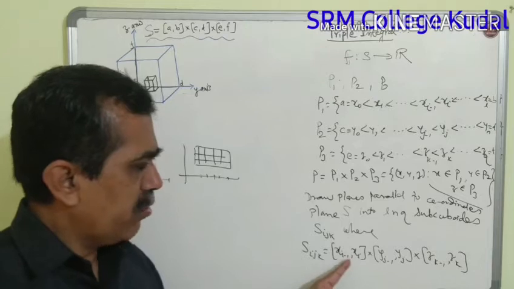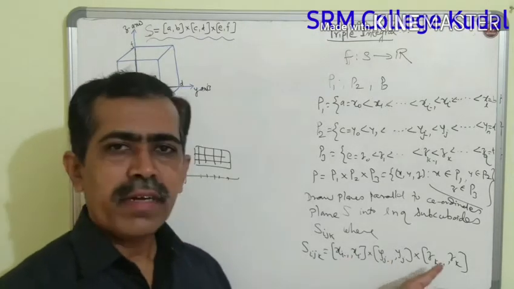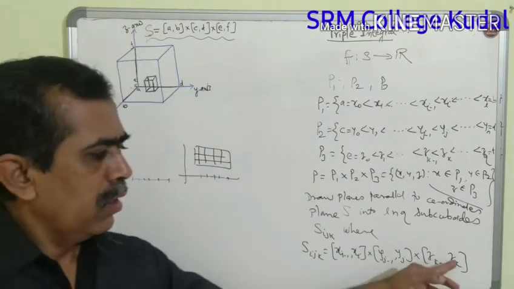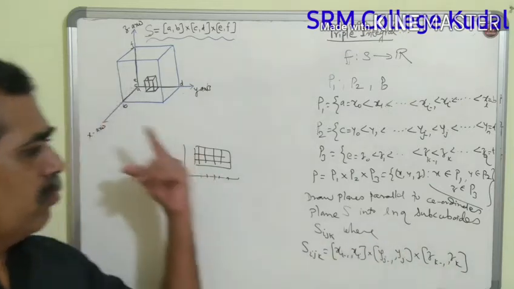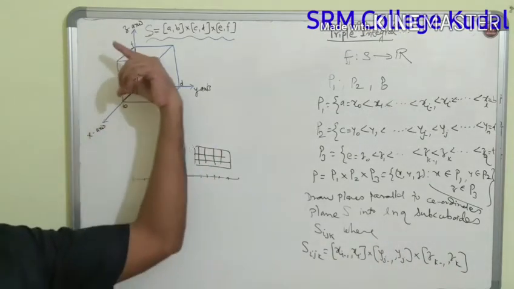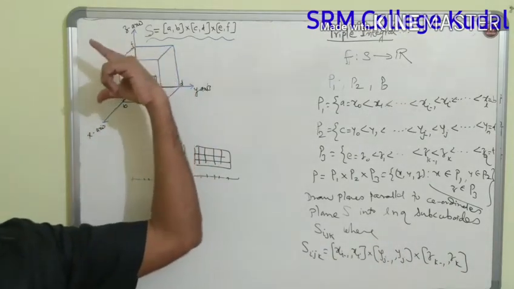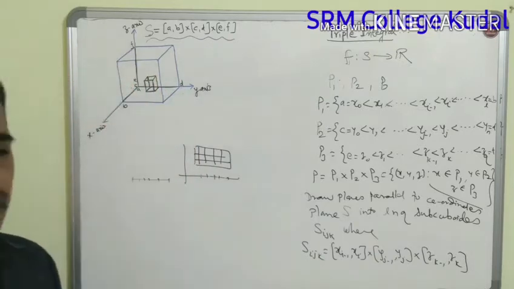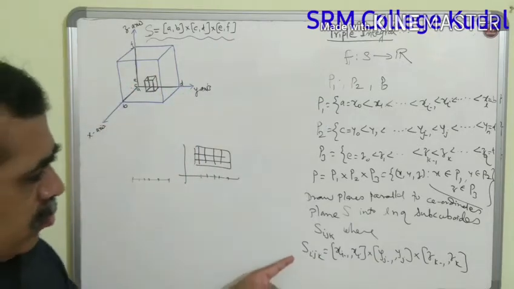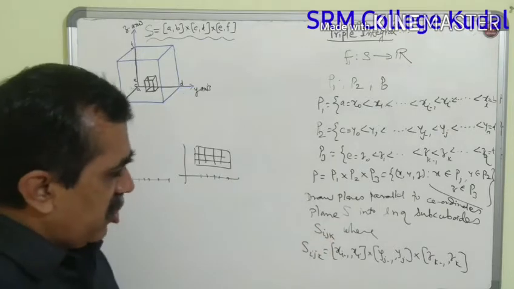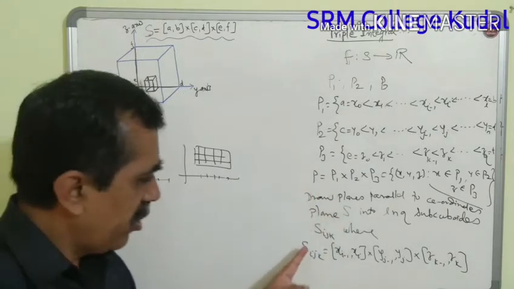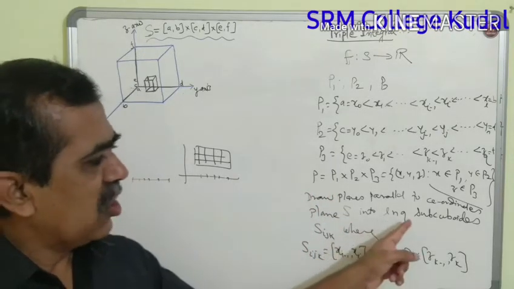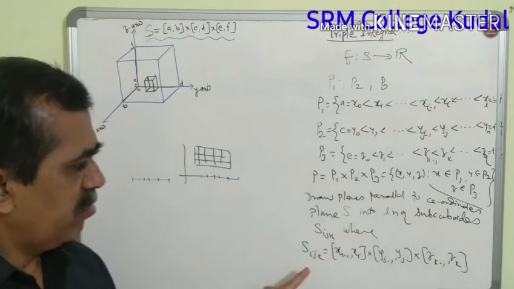Its x component lies between this, y component lies between this, and z component lies between the kth subinterval from the partition of the interval EF. So this is how we have partitioned the cuboid into L, N and Q number of subcuboids.